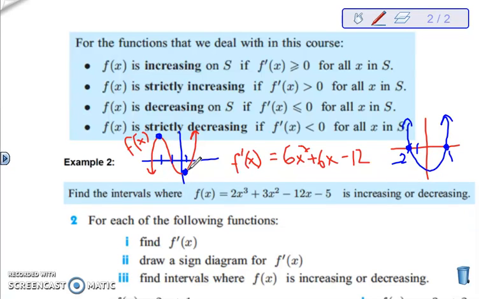So we are increasing when x is less than -2, or from -infinity to -2.